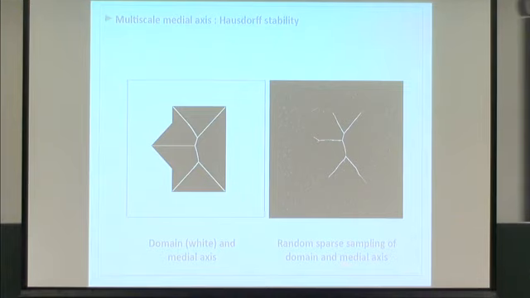The white dots are quite sparse, but they are a sampling of this white region. So this is like taking this white region and representing it as a point cloud. And then when you try to generate the medial axis from this point cloud, you get something which is pretty good, in spite of the fact that you're only taking this point cloud information. Okay, so this is an illustration of the stability.